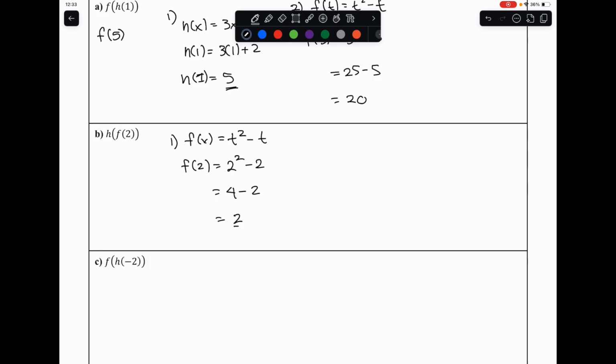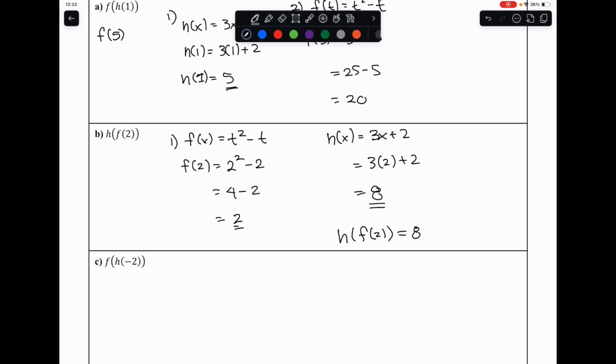I then get this answer and evaluate it with the outside function. And since the outside function is 3x plus 2, this would be 3 times 2 plus 2, which is a total of 8. So there's your answer. H of f of 2 equals 8.